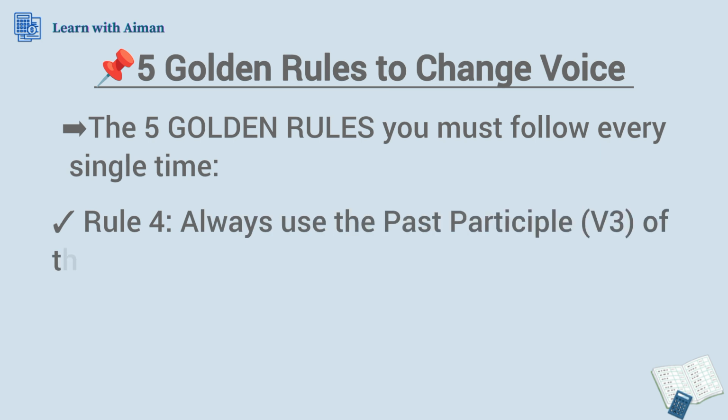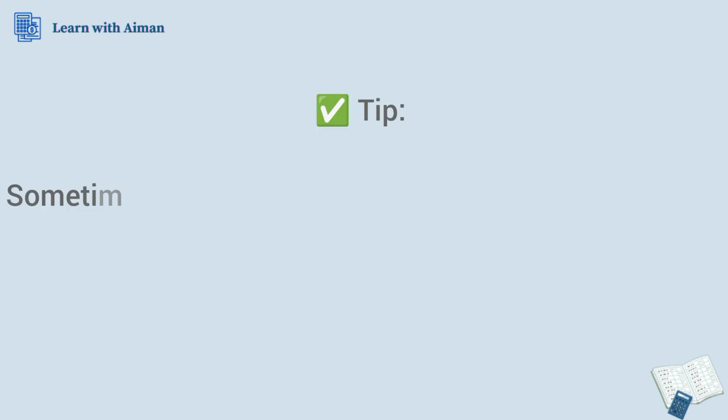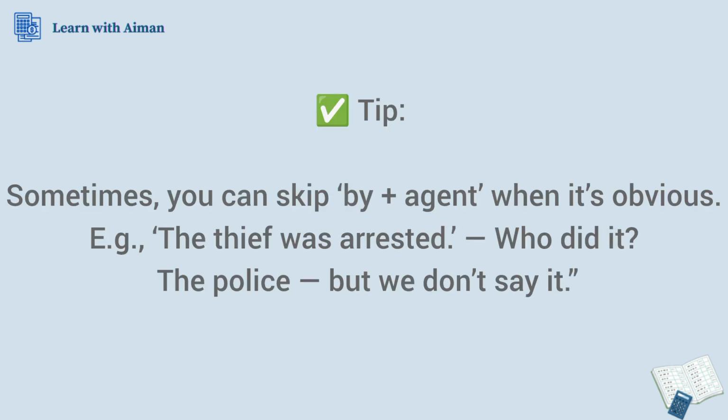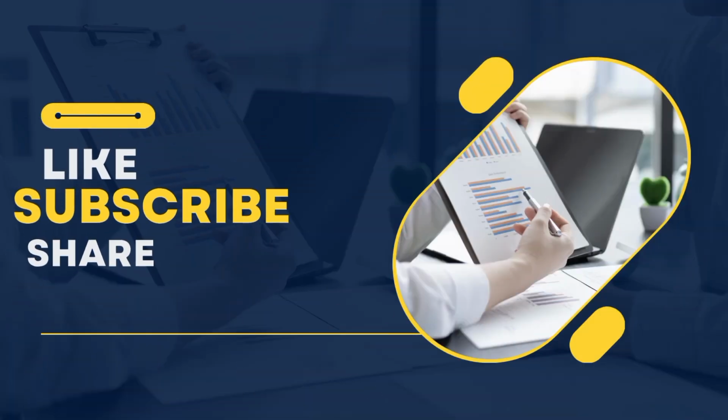Rule number 4, always use the past participle, the third form of the verb. Rule number 5, add by plus agent if needed, only if the doer is important. Tip: sometimes you can skip by plus agent when it's obvious. The thief was arrested. Who did it? Obviously the police, but we don't say it.